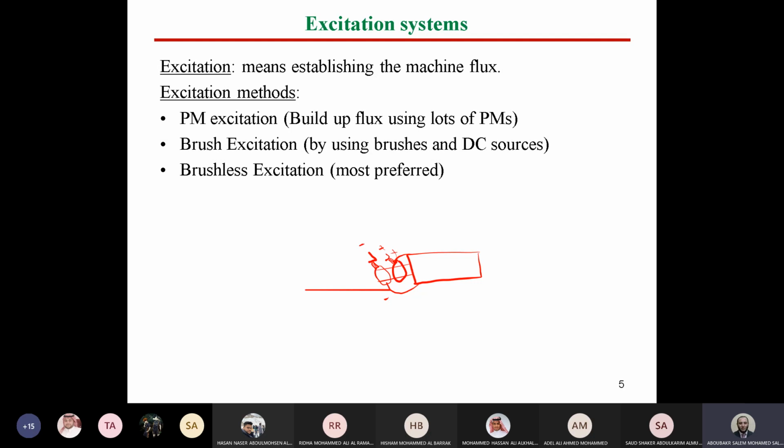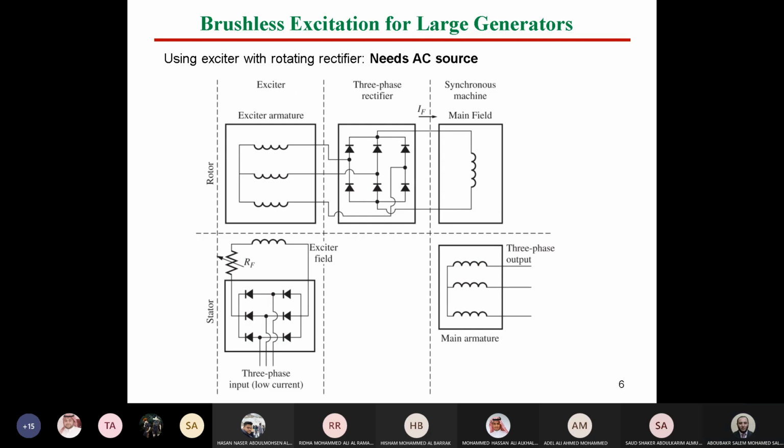This is the first technique, guys, which is brush excitation. We now have the idea of what the brushes are doing and what the drawbacks of using brushes are. Regarding brushless excitation, which is preferred, let's see this scheme together. Imagine with me we have two parts of the generator: stator and rotor.